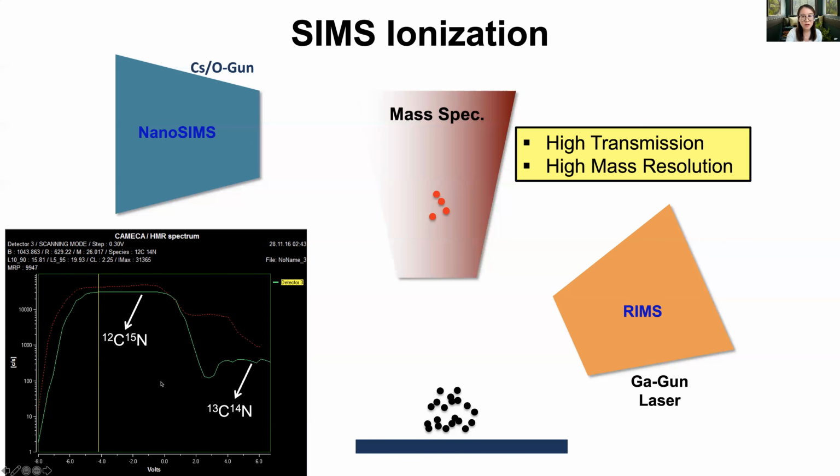If we didn't have such high mass resolving power, then some of the carbon-13 nitrogen-14 molecules would be counted as carbon-12 nitrogen-15, and this would increase the total nitrogen-15 counts, resulting in a lowered nitrogen-14 to 15 ratio measured for a grain. Therefore, high transmission and high mass resolution are the keys of SIMS instruments.